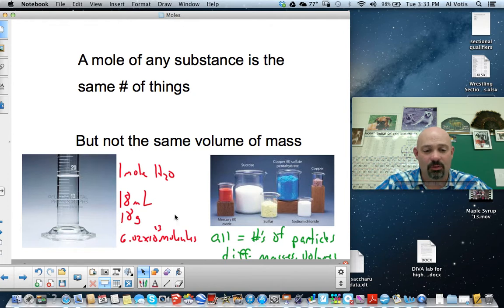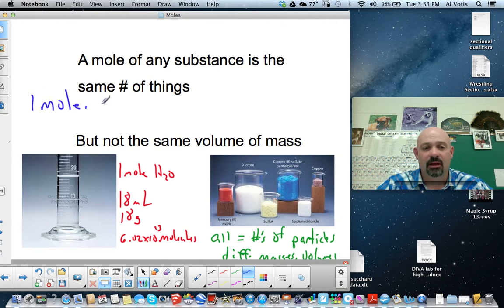Now, as we think about that a little bit more, we can say, then how many atoms is that? How many atoms are in 1 mole of water? Well, if we think about 1 molecule of water, it's made up of H2O. It's going to be made up of 2 hydrogens and 1 oxygen.